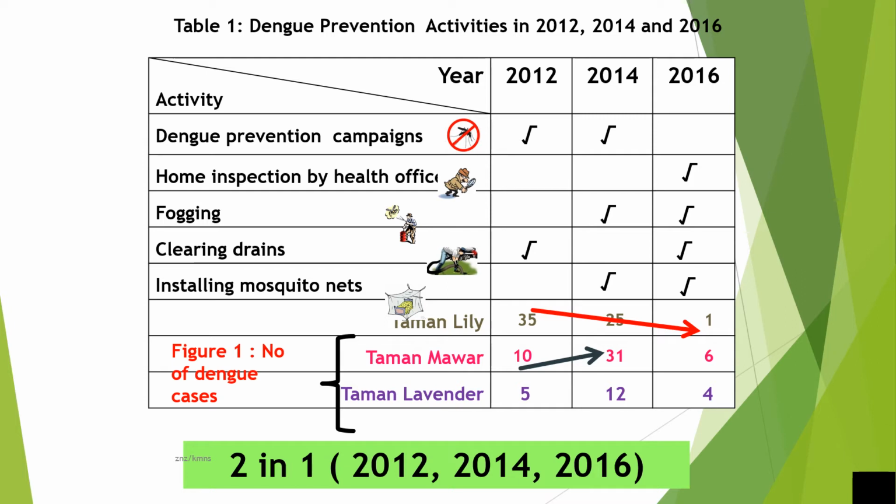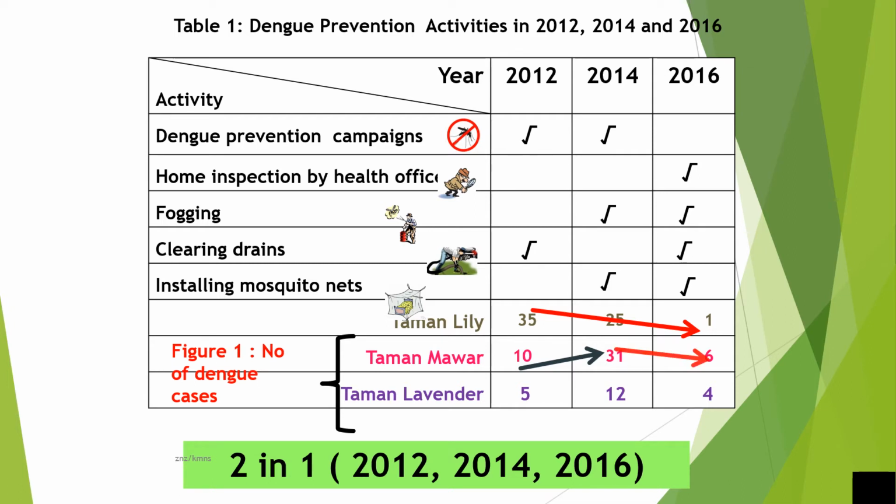Instead, it increased. So from here, you can say, even though there were more prevention activities carried out in 2014, the number of cases in Taman Mawar increased from 10 to 31 in 2014.